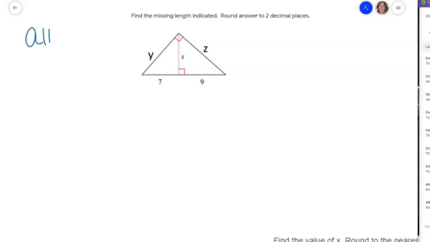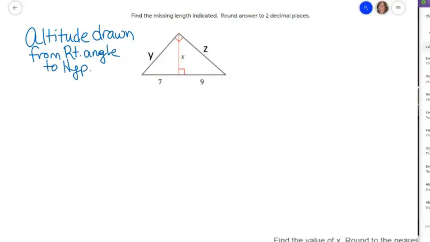All right, so we have an altitude drawn from the right angle to the hypotenuse. That initial condition must be true before we can do anything else.